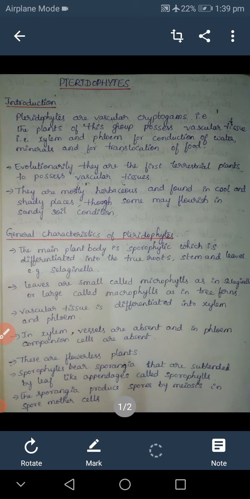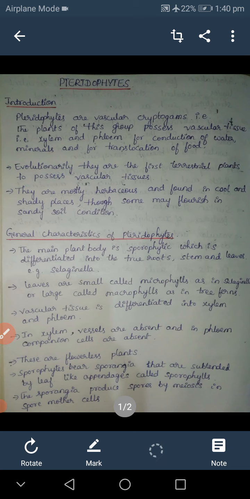First, introduction. Pteridophytes. What are pteridophytes? They are vascular cryptogams. That is, the plants of this group possess vascular tissue, that is xylem and phloem, for conduction of water and minerals and for translocation of food.